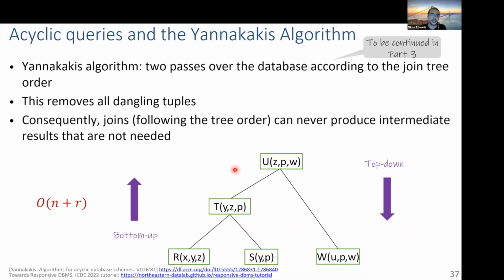And with these 2 scans over the database, it removes all those dangling tuples that are not needed for the output. And subsequently, all the joins that we do following the order of the join tree can never produce any unnecessary intermediate results.